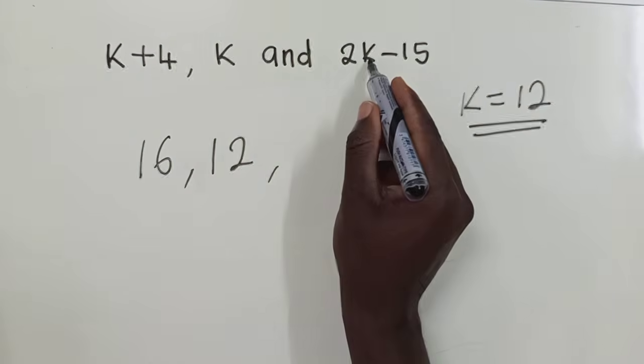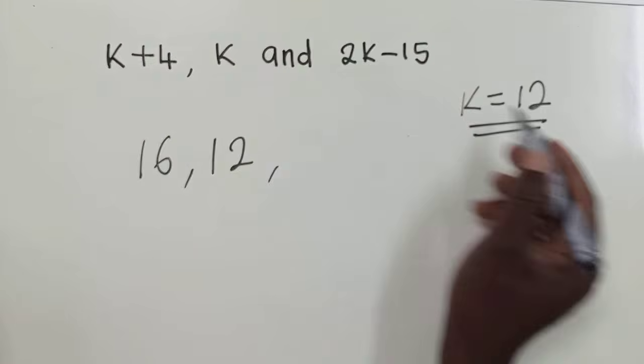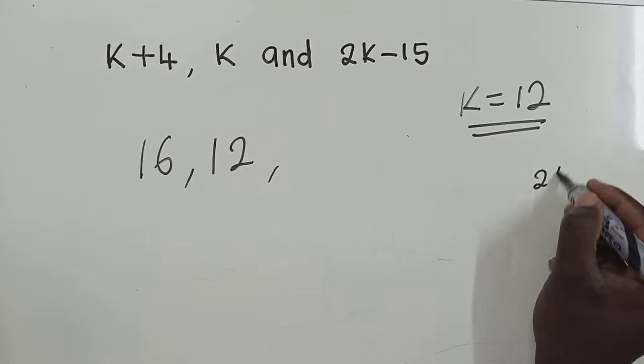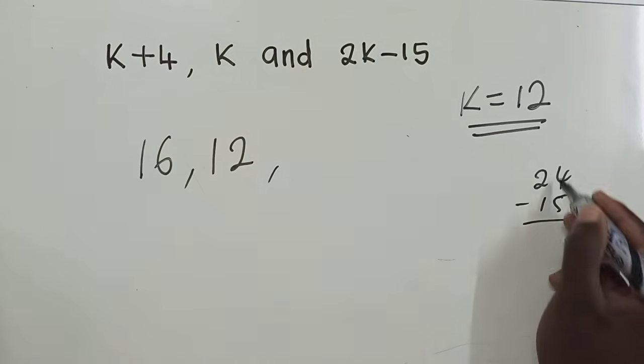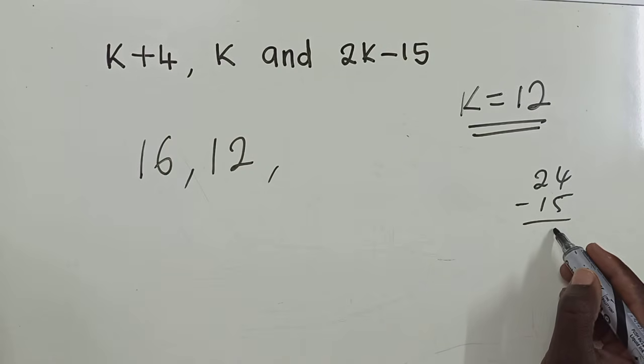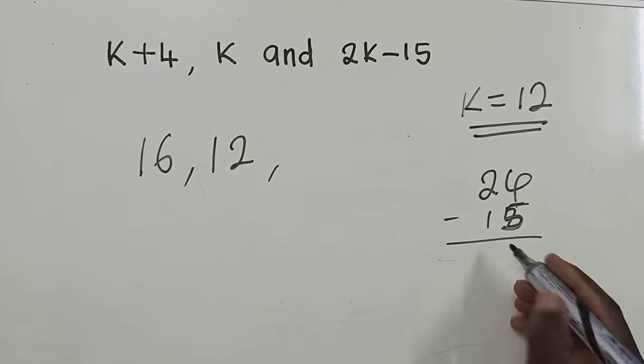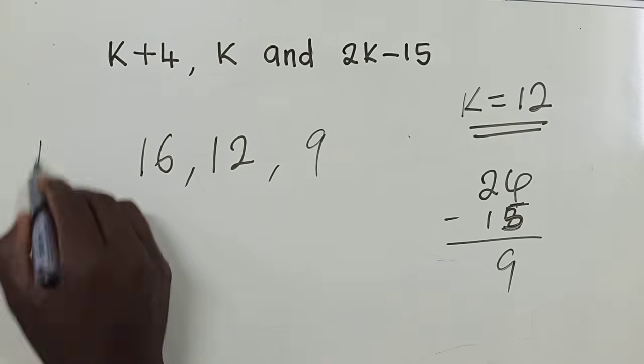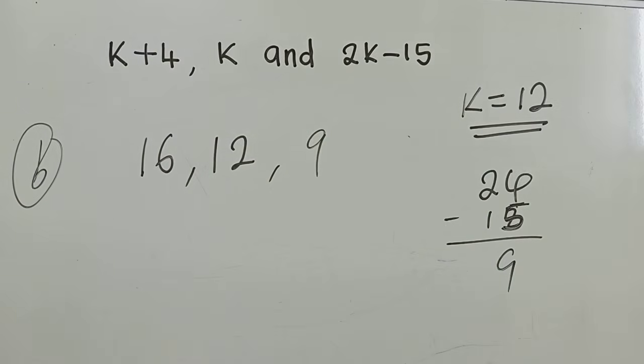Here we put a 12, 12 times 2 is 24, minus 15. So 24 minus 15, what are we getting? We are getting a 9. So these are the terms. So B we have answered.